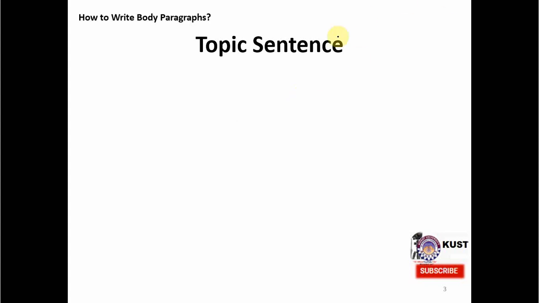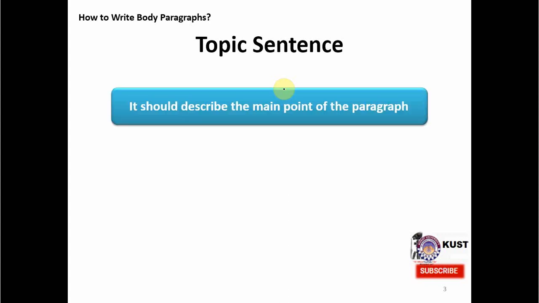This is done by introducing a topic sentence, and that topic sentence is usually at the beginning of the paragraph, but it's not necessary that you start your body paragraph with the topic sentence. But as I said, usually in academic writings we start with the topic sentence, where we introduce the claim of that paragraph.